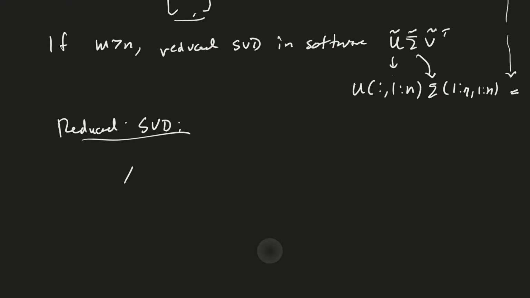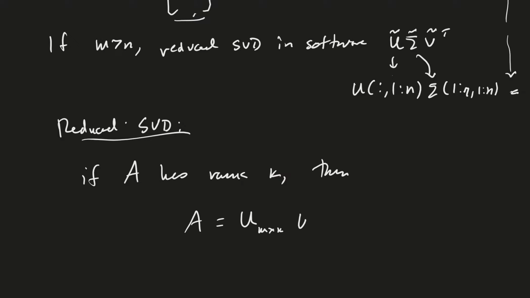But if A has rank K, then we can write down the reduced SVD as U being M by K, and then sigma would be K by K, so that's square now, and then V would be N by K. Okay, and so those would be our reduced SVD matrices.